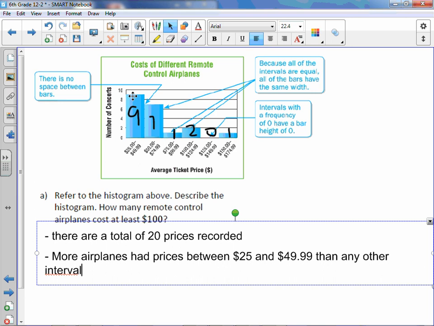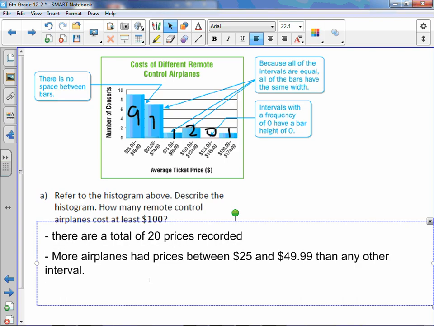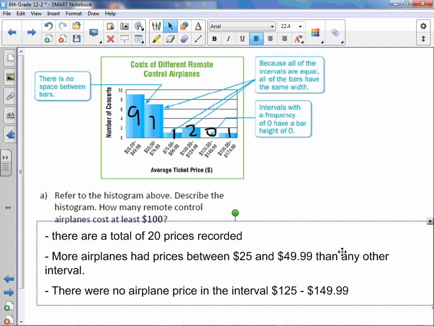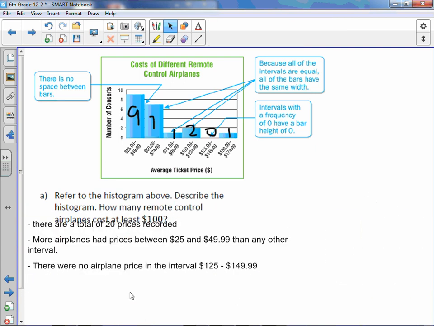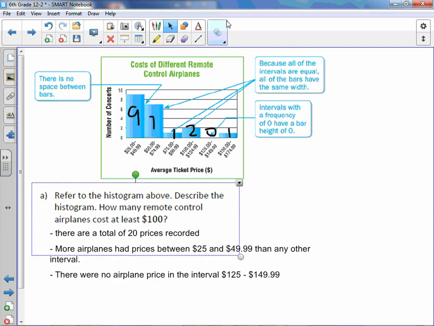And I know that because this is the tallest bar. We also can tell that there were no airplane prices in the interval 125 to 149.99. There's other information I'm sure you can pull from this, but we will stop at just those 3.